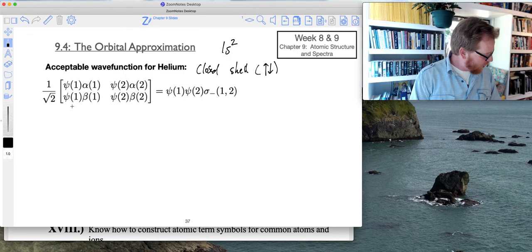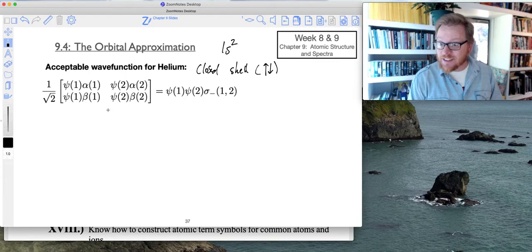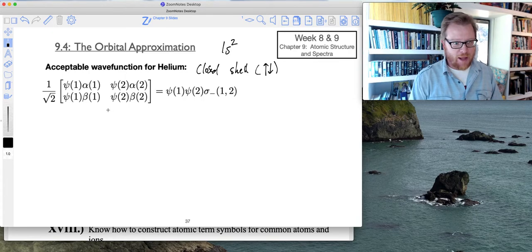Well, it comes from what we call this determinant, this matrix of possibilities where we have psi 1 alpha 1, psi 2 alpha 2, psi 1 beta 1, psi 2 beta 2. And if you recall in solving this, the 1 over root 2 is our normalization constant, and we do the diagonal.